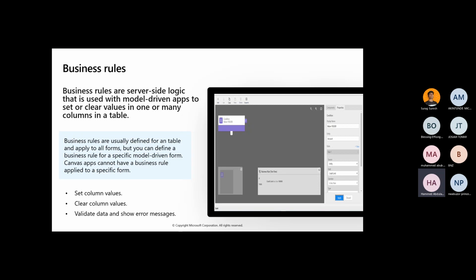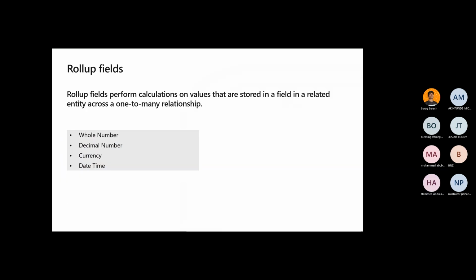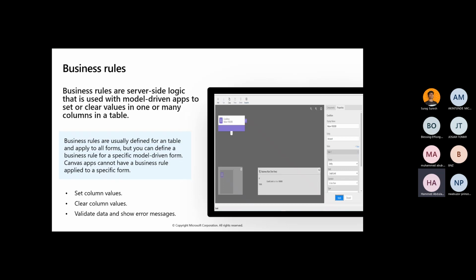The business rules define server-side logic that you can use to model your application, right? This will give you the understanding of how you can develop your application without writing code, right?